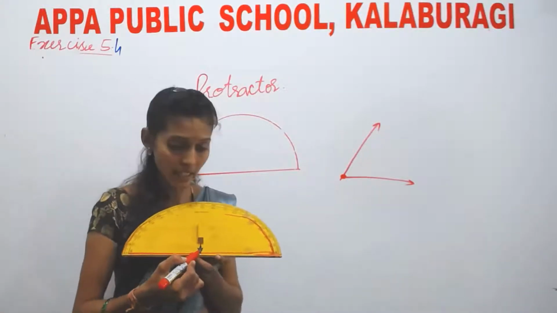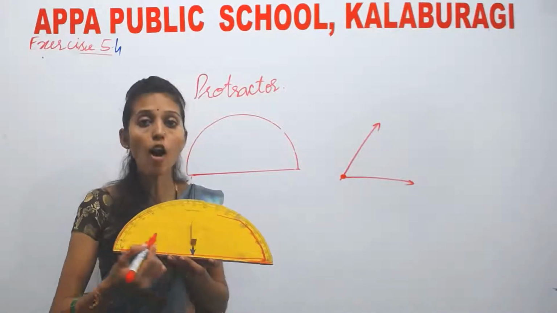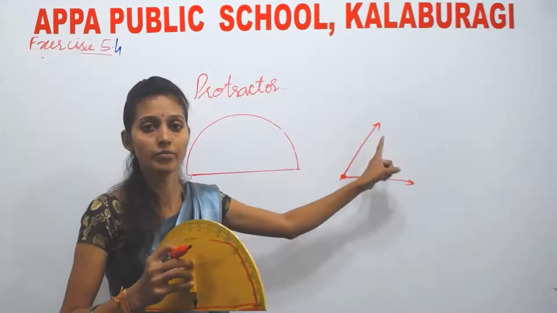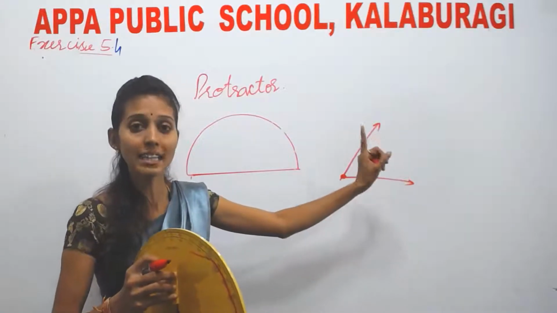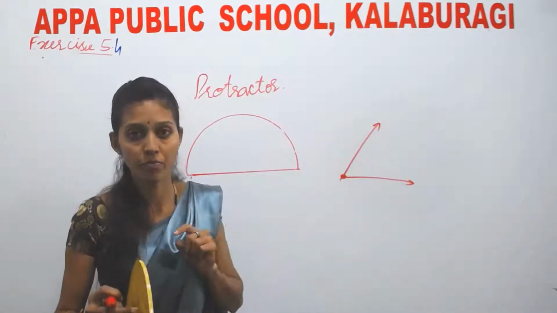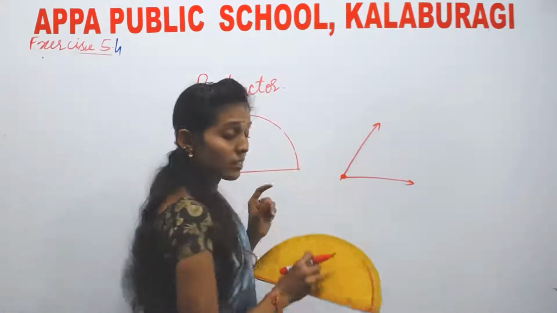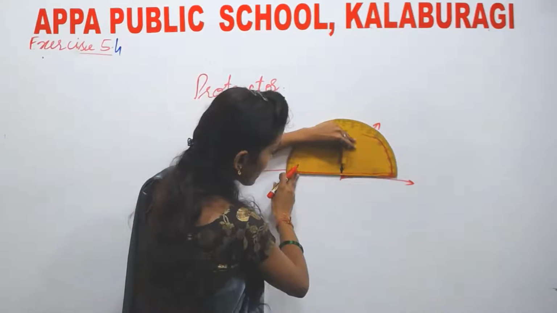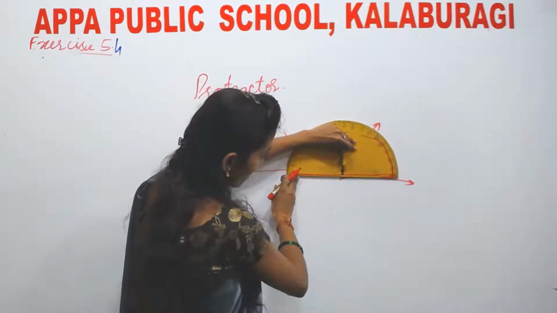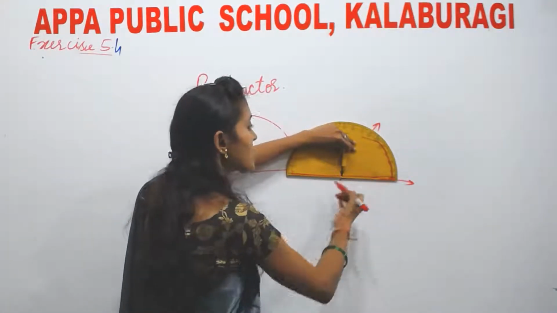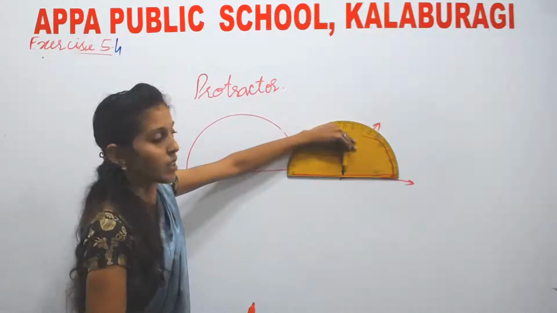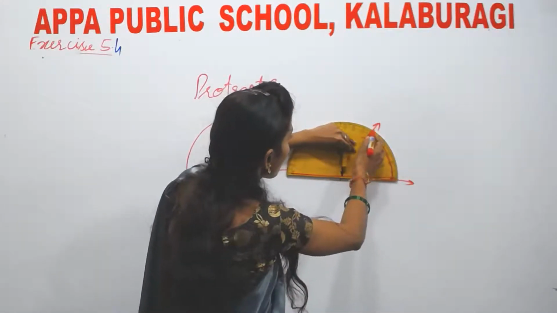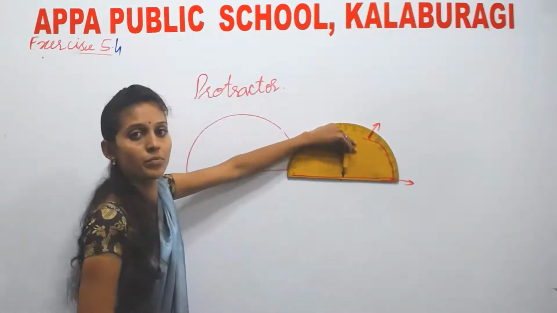We have to make either this baseline or that baseline lie on one of the rays, and then check where the other ray is. If I make this baseline merge on the initial ray, observe where 0 is. 0 is inside here, so you have to refer to the inner scale, that is 60 degree.